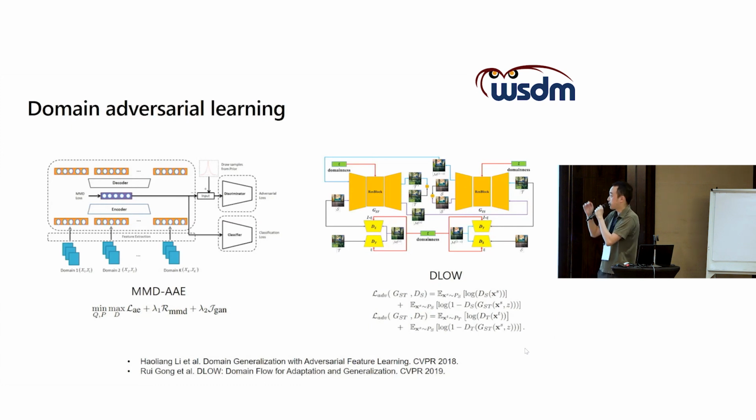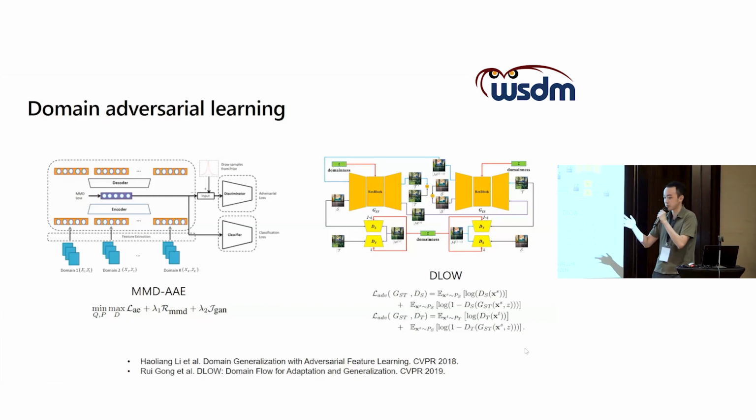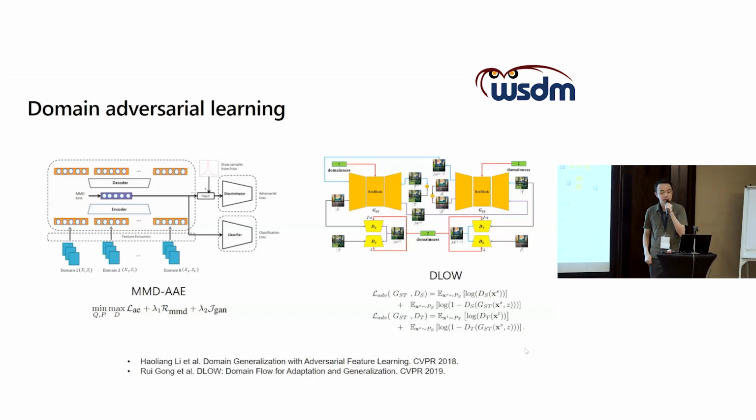Here we can choose the Gaussian prior, or we can also choose the Laplace prior. Compared with the Gaussian prior, the Laplace prior can also introduce sparsity in the feature space, which also benefits feature learning, as has been proved in a lot of works in feature learning.